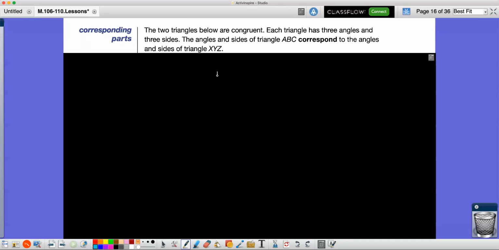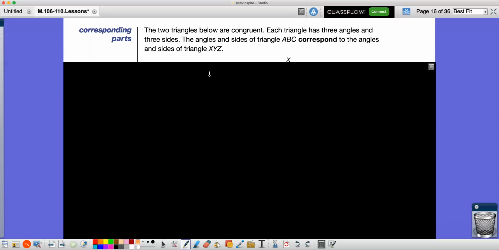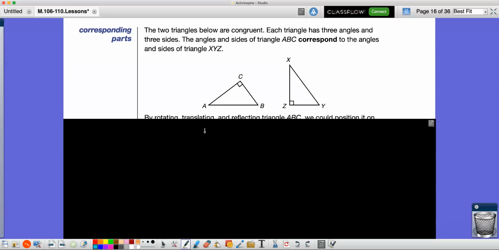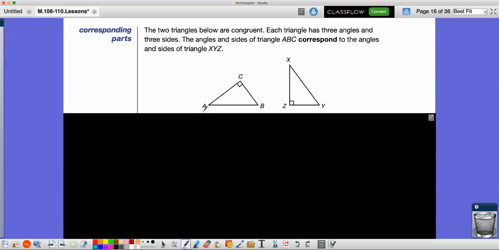So, corresponding parts. The two triangles below are congruent. Each triangle has 3 angles and 3 sides. The angles and sides of triangle ABC correspond to the angles and sides of XYZ.